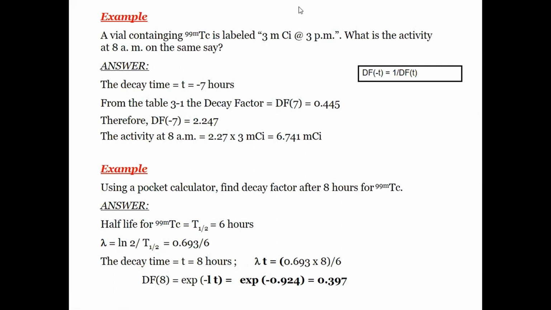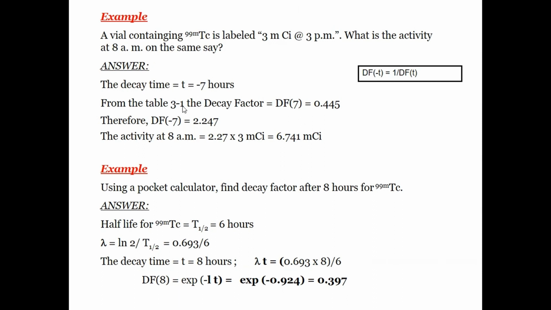Now the example says we have a vial containing technetium-99, which is labeled 3 millicurie at 3 p.m. What is the activity at 8 a.m. on the same day? The decay time is minus 7 hours.